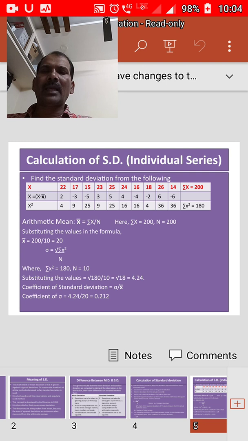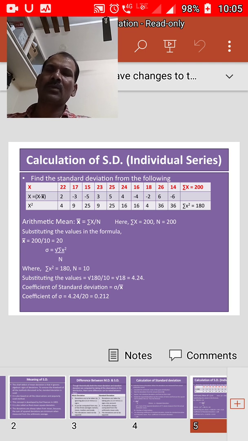The x values are subtracted by their arithmetic mean. Here the number of observations is 10, sigma x is 200, and 200 by 10 is equal to 20. That is x bar, the average.